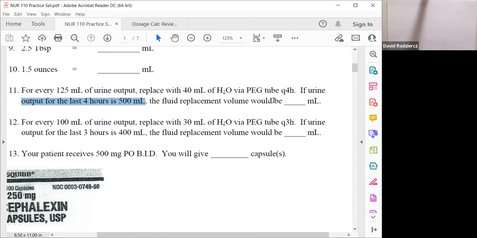I'm going to show you a couple of ways that you can set this up to figure this out. But before I do that, you might see this question written a couple of different ways. You might see it written as, in the last 4 hours, your patient has voided 500 milliliters. If you are to replace with 40 milliliters for every 125 milliliters of urine output, what would the fluid replacement volume be? So you might see it reorganized.